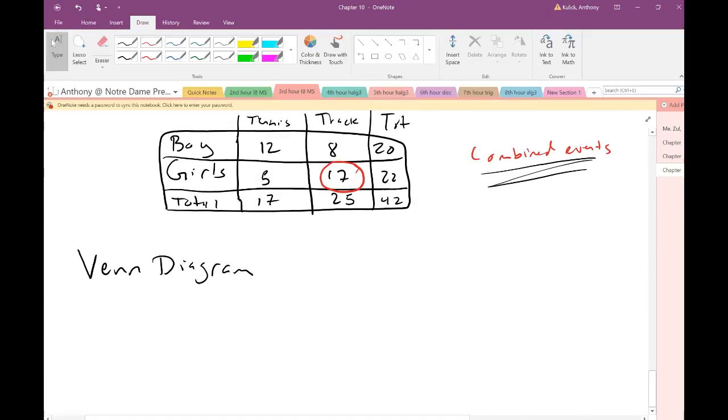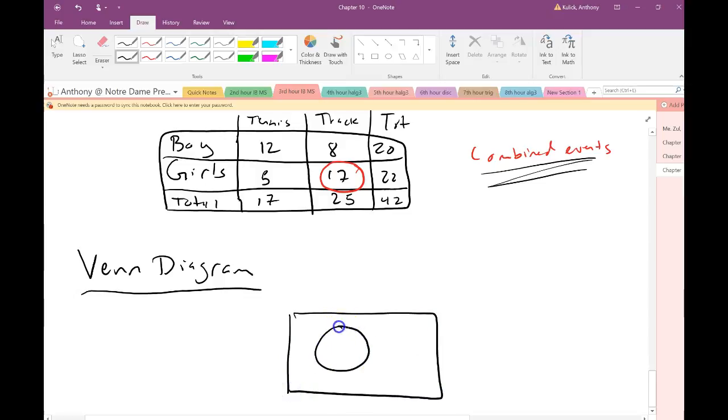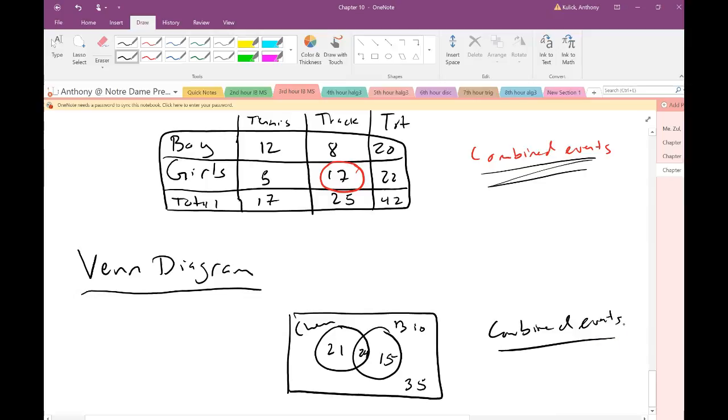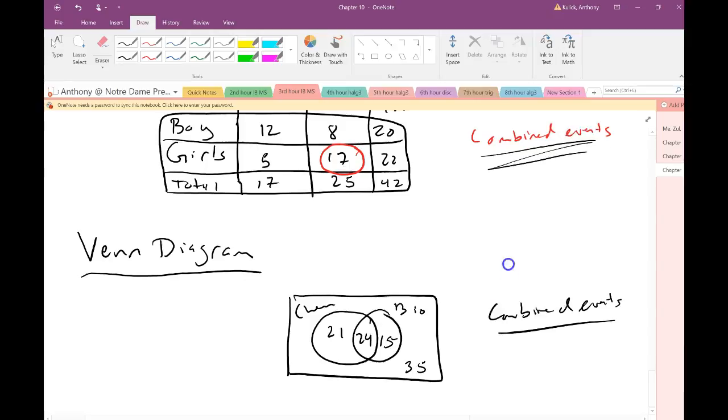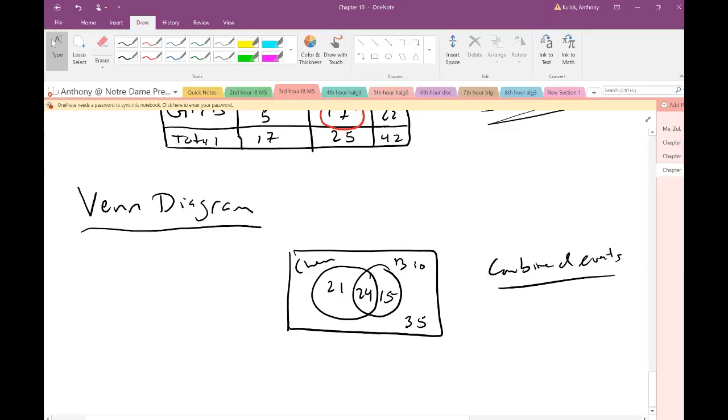So you could do a Venn diagram. These are often useful. So say that you had a set of students that took chemistry and biology classes, and we wanted to find the probability that you took chemistry or biology.